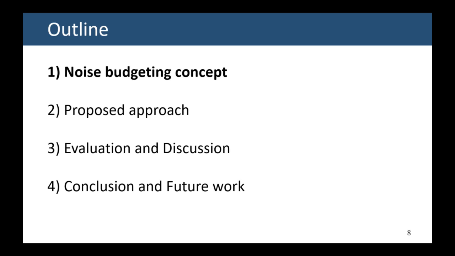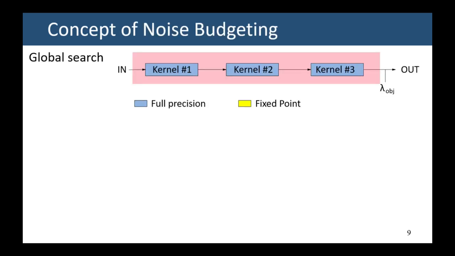First of all, I'm talking about the concept of the noise budget. So for the concept of noise budget, given an application with three kernels, which may be a DSP algorithm or a computation task. In the beginning, full precision expression is used for all kernels of the application, which is expressed by light blue.